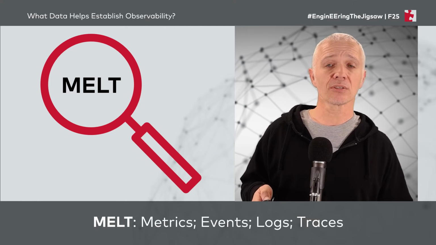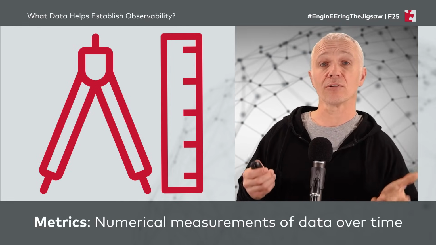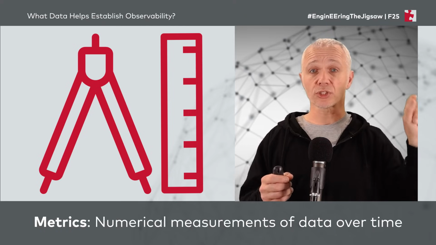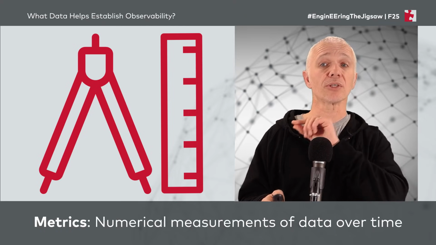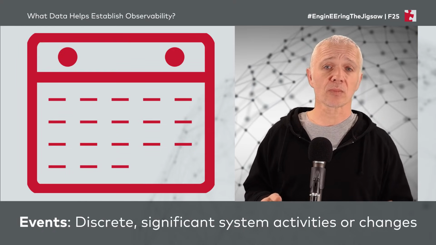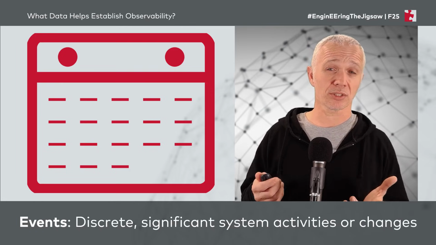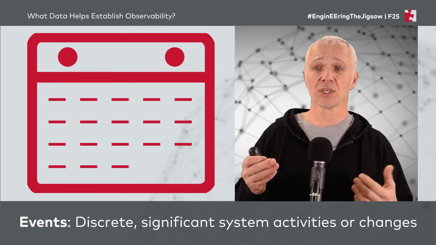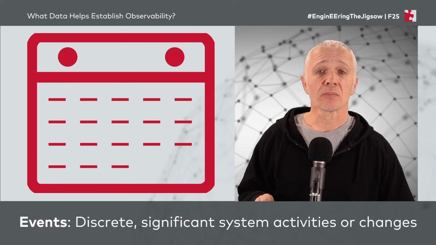What are metrics? Very simple. Metrics are numerical measurements of data over time. So an example of a metric might be a voltage that you take various sample points of, and then you have a metric, you have a set of data over time. Events are discrete, significant activities or changes in the system. So an error occurring would be an event. Something becoming disconnected would be an event. And so on.